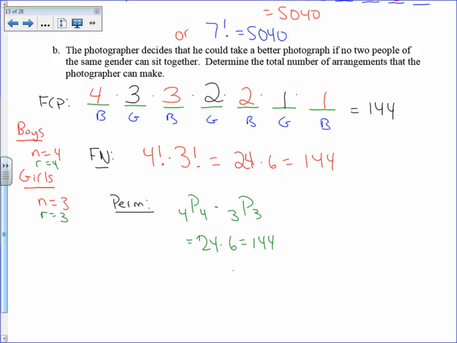It's the same thing as this, because this you arrive at using this formula, and this you arrive at using that formula. Using the formula for permutations is much more efficient if you're dealing with really large numbers, like a really large n or a really large r, where you would have to write a whole bunch of lines out to get where you want to get to.